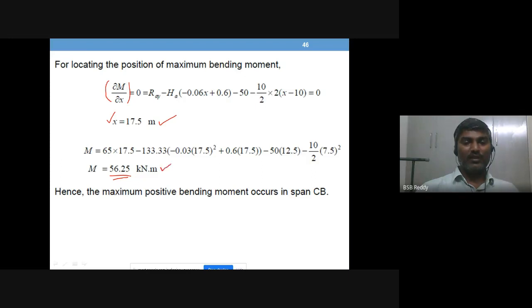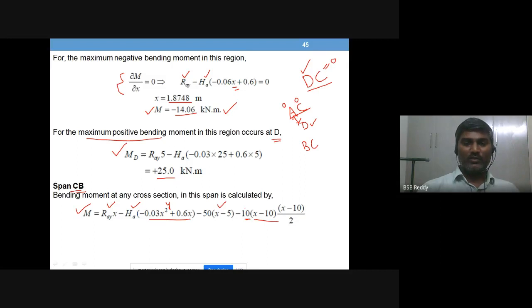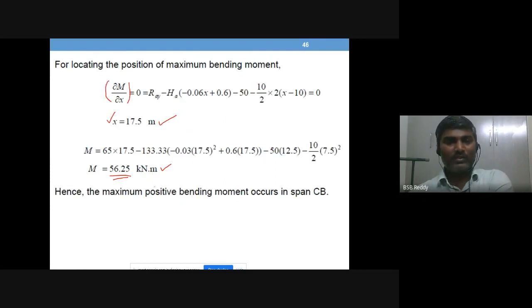That will give you 56.25 kilonewton meter. So now you have three values of maximum or minimum: minus 14.06 in region AD, a value of 25 at D, and now 56.25.